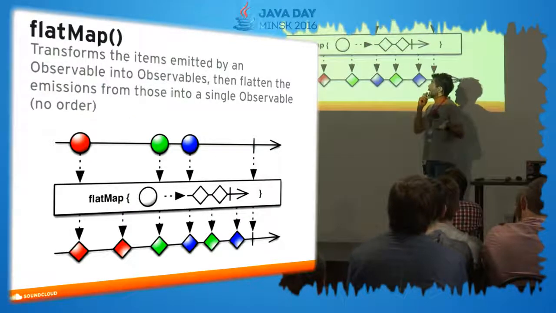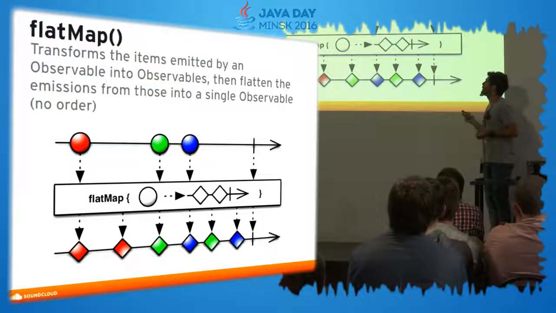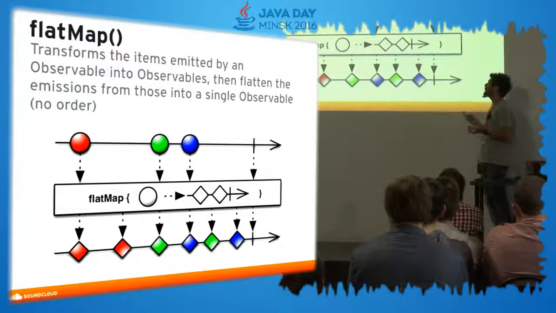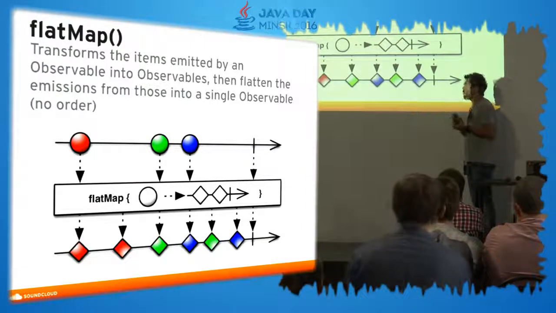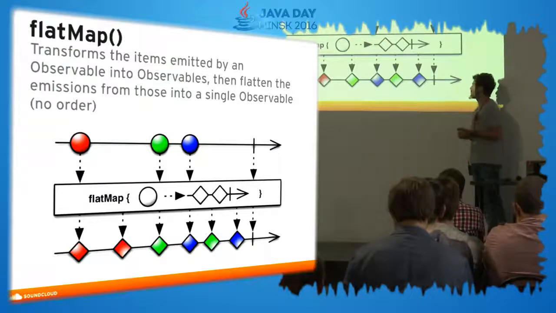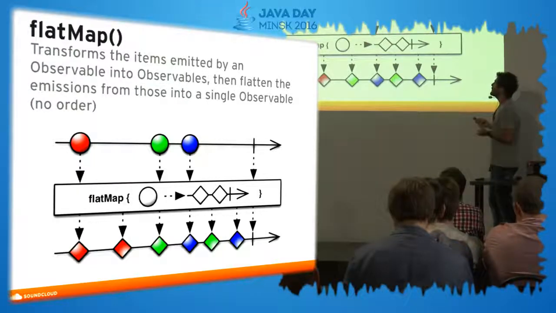Then we have flat map. These are called marble diagrams, and if you're going to dive deeper into RxJava, you will see tons of these in the documentation. The documentation, again, is really cool. It's one of the best documentations I've seen on an open source project. Basically, it's doing the same thing.